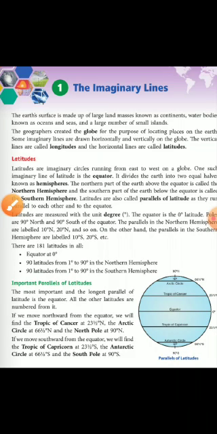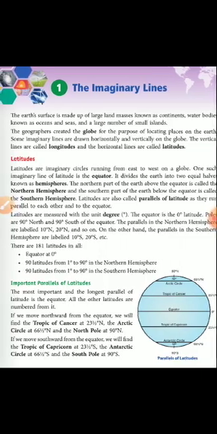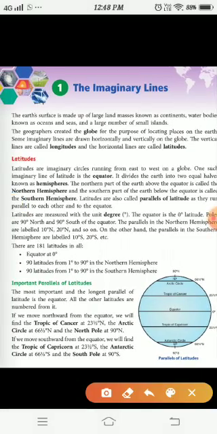If we move northwards from the equator, we will find the Tropic of Cancer. From the equator, if we are going towards the North Pole, here we can see the Tropic of Cancer at 23.5 degrees north, the Arctic Circle at 66 degrees north and the North Pole at 90 degrees.